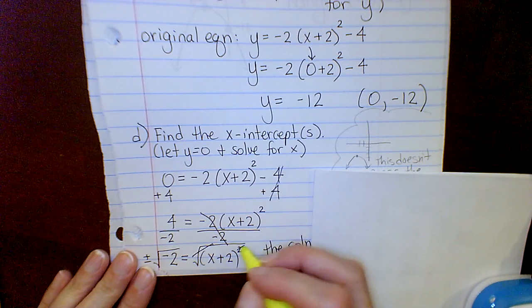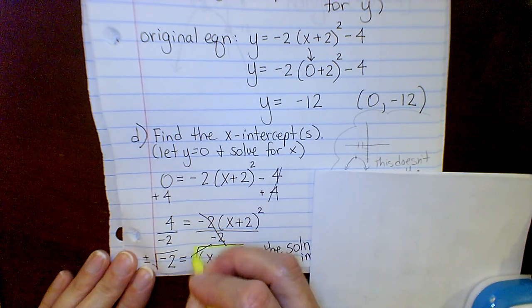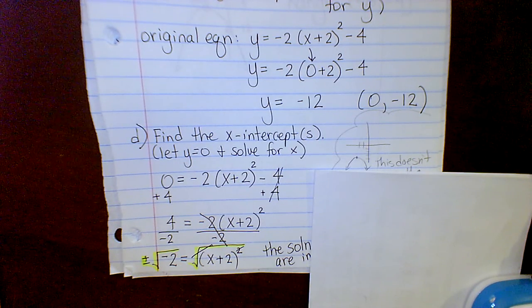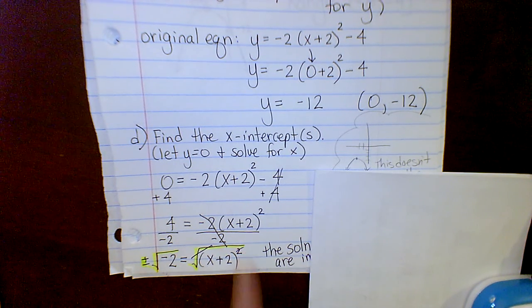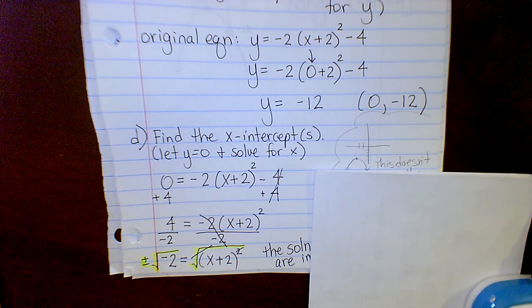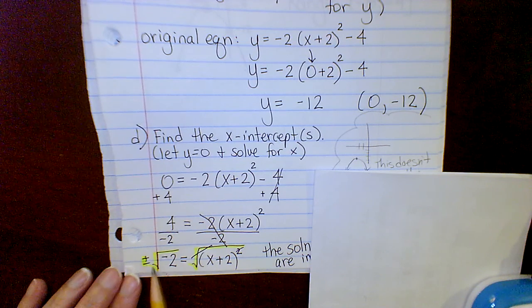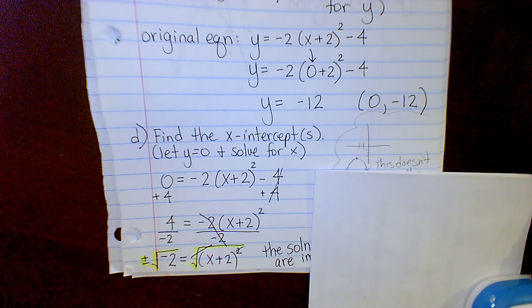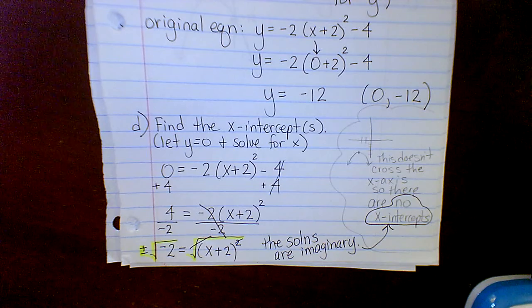Well, we've got something squared, so we're going to take the plus or minus square root of both sides to get rid of that squared. But look what happens when I do that. I get the square root of a negative. That means my solutions are imaginary. Normally it'd be like, yeah, that's fine, I'm just going to throw an i on there. But for graphing purposes, imaginary solutions mean that there are no x-intercepts.